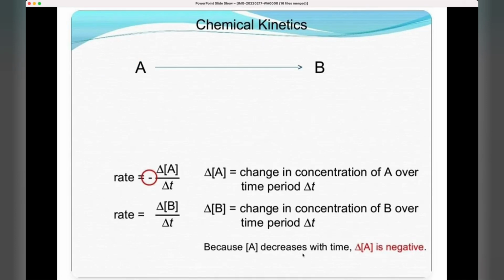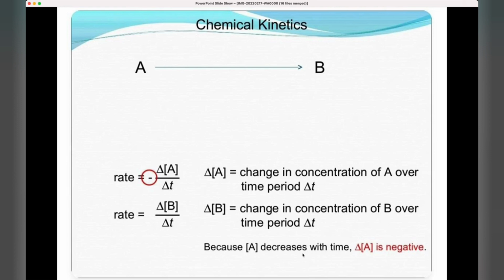Now, in chemical kinetics, see reaction A gives a product B, or a reaction moves from A to B. So, what is the rate? In the first case, we take it as minus delta [A] by delta t, that is, the change in concentration of A over a time period t.